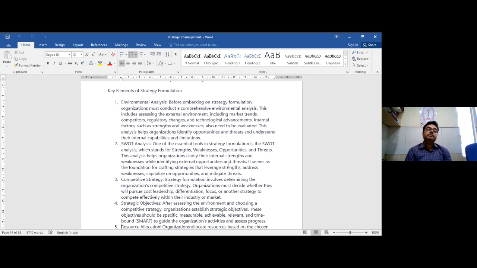Environmental analysis helps in embarking on a strategy formulation, ultimately helping in conducting a comprehensive environmental analysis.